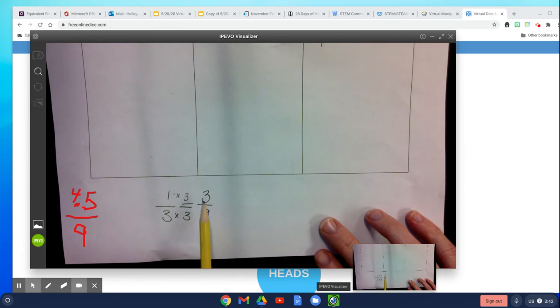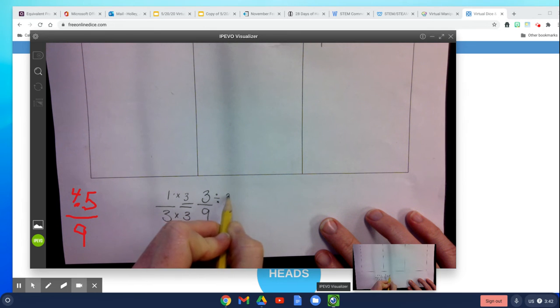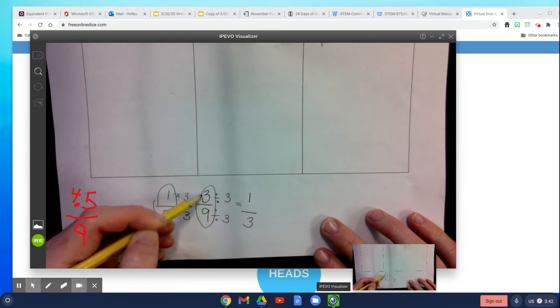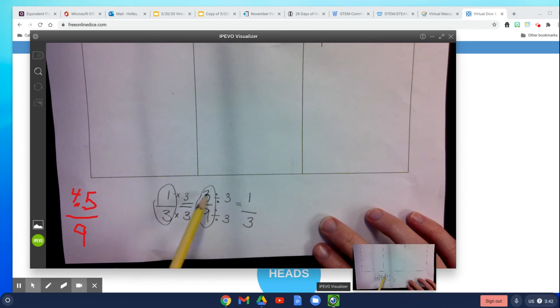I could also think division. I could think 3 divided by 3 gives me 1. And 9 divided by 3 gives me 3. So 1/3 is equivalent to 3/9. That's a lot easier to deal with than 3/9.